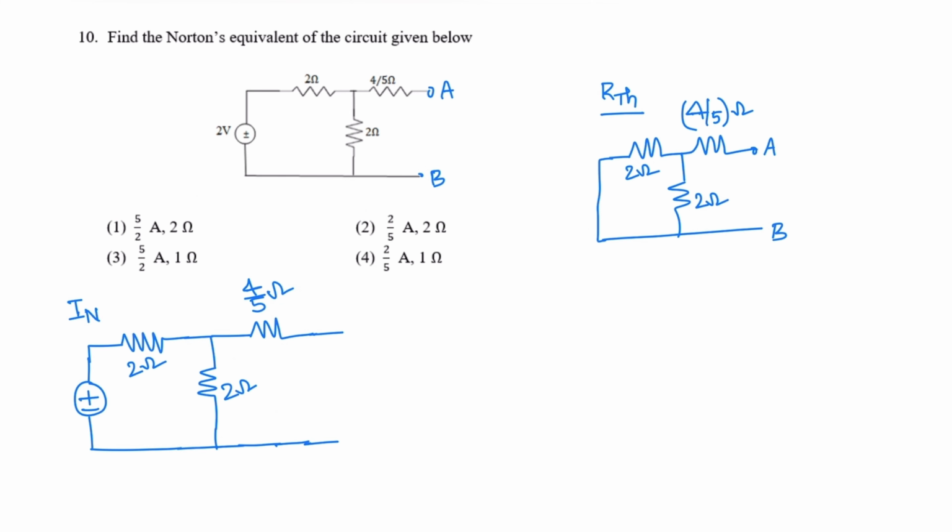Next question. Find the Norton equivalent of the circuit shown below. So this is the circuit given. For calculating the Norton resistance, all the independent voltage sources are to be short circuited and independent current sources are open circuited, and dependent sources remain as they are.